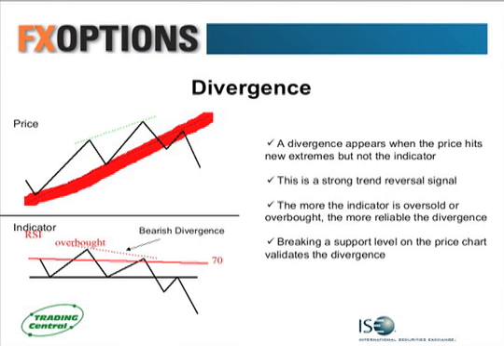So you have to wait for the confirmation on price. And when you have the confirmation of the downside breakout on price, you also have the confirmation of the RSI. So you can enter the short position with stronger confidence because you have not only the downside breakout on price, but also a bearish divergence on the RSI.